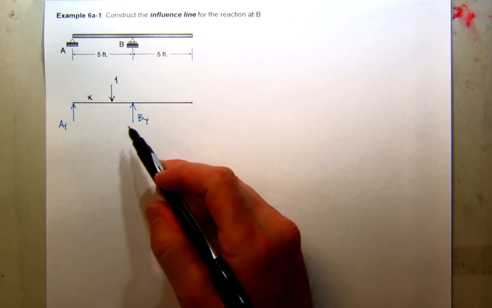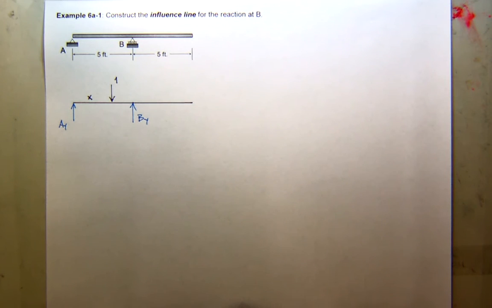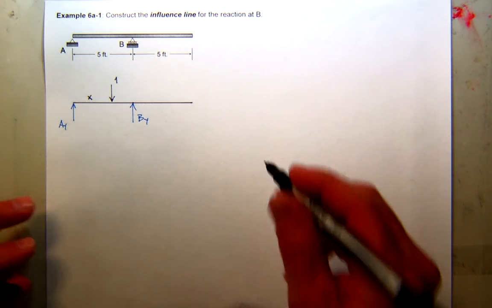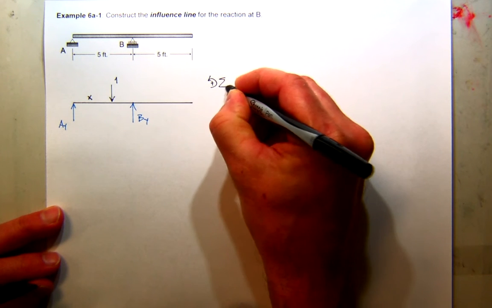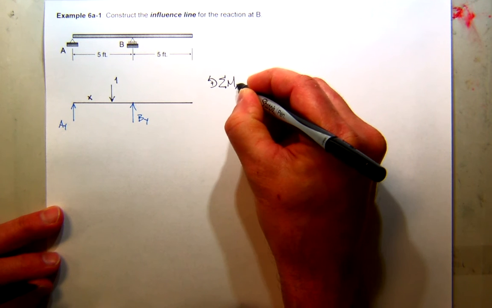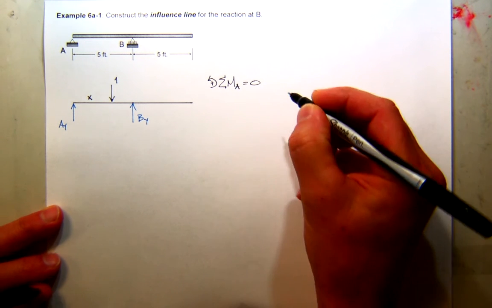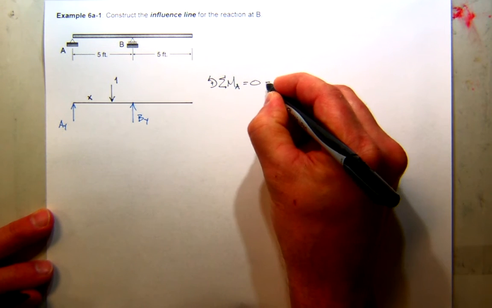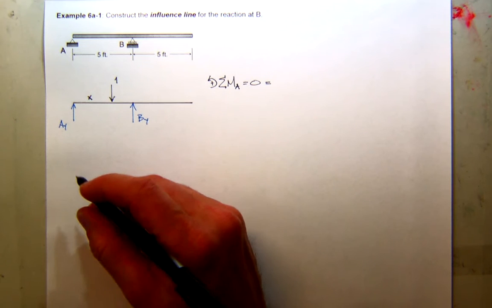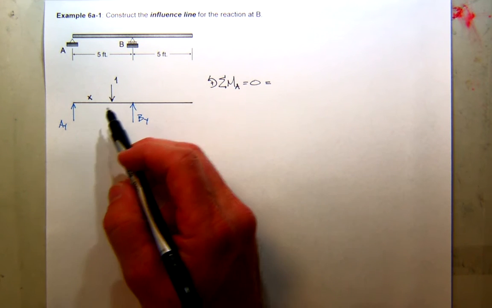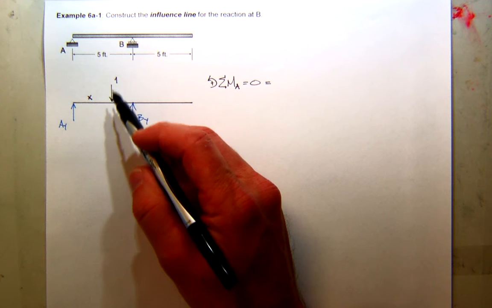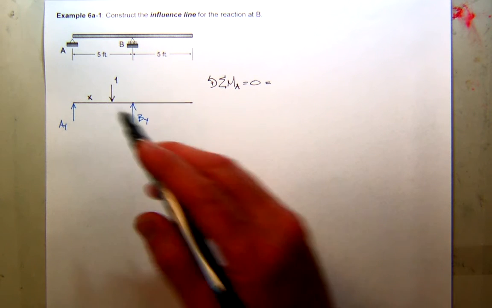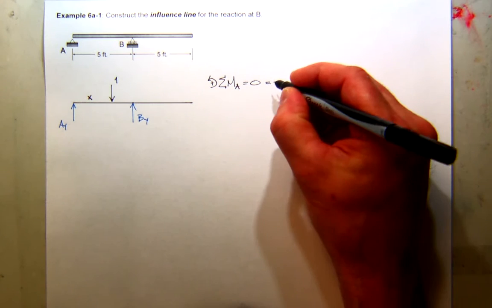So I want to find By. What's the best way to find By? Sum moments about what? A. So let's do that. I'm going to sum moments about A, to make sure it's in equilibrium. And like we've done literally hundreds of times, when you sum moments about A, I'm using the right-hand rule. So the unit dummy load for the moving load creates what kind of moment? Positive or negative?